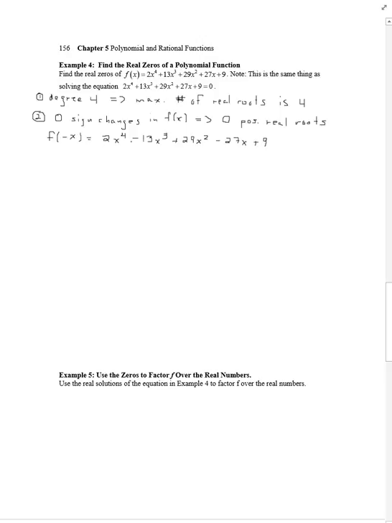So that gives us 1, 2, 3, 4 sign changes in f of negative x, which means we have either 4, 2, or 0 negative real roots.